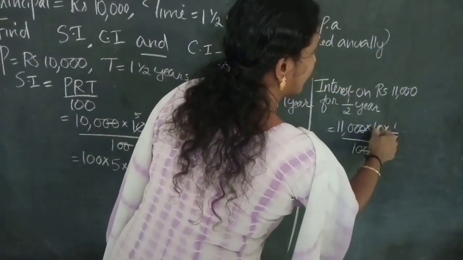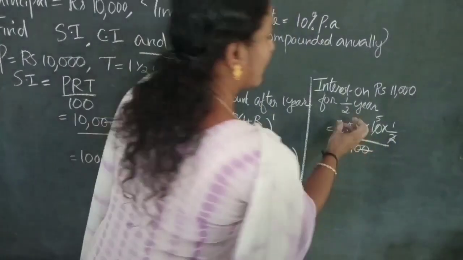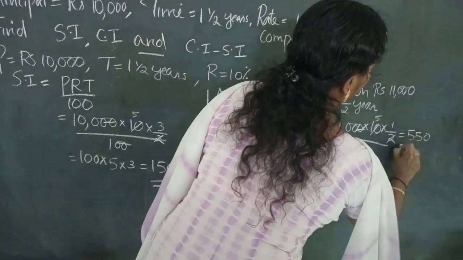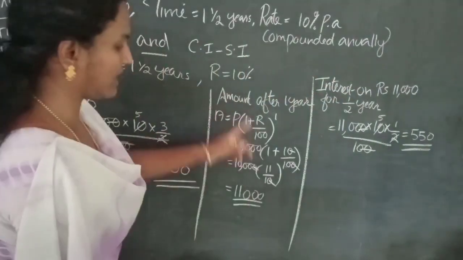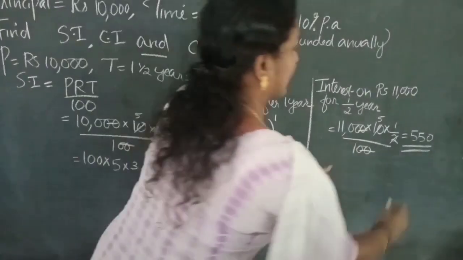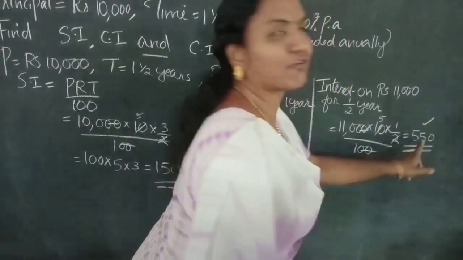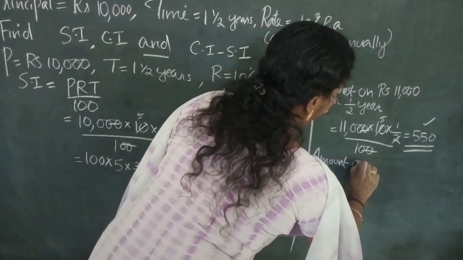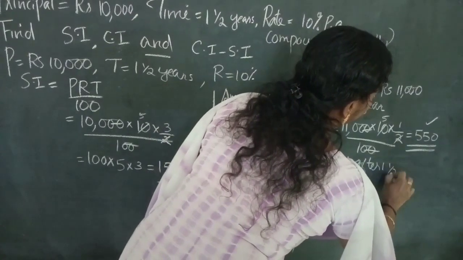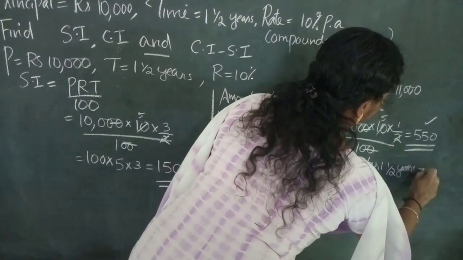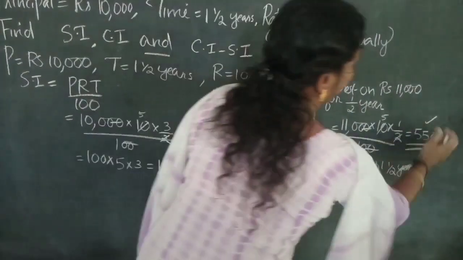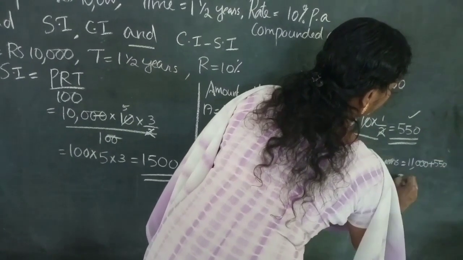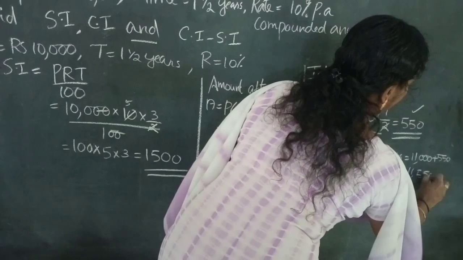So here 2 and 10 cancel, 5. So 11 into 5 is 55, then 1 0. So 550. So amount after 1 year is 11,000. Here interest after half year is 550. So you have to add. Amount after 1.5 years is equal to 11,000 plus 550, which is equal to 11,550.